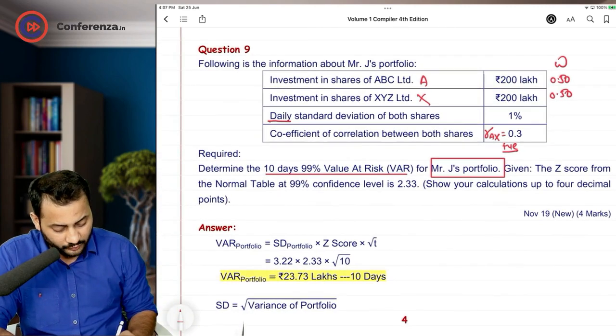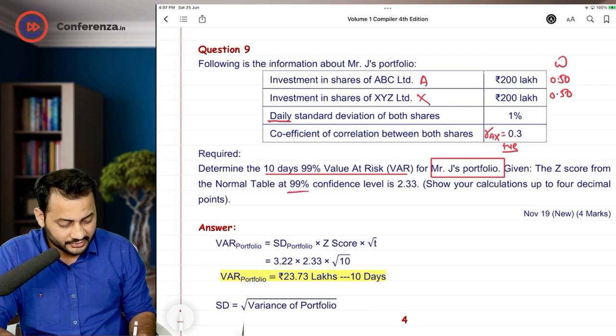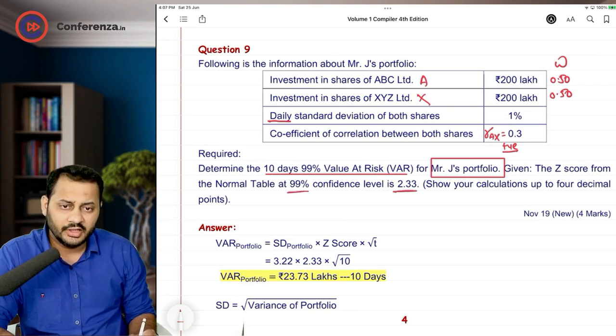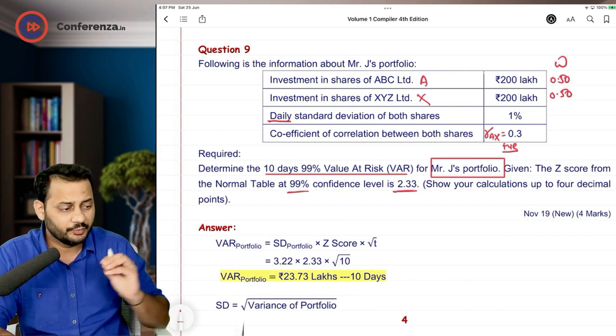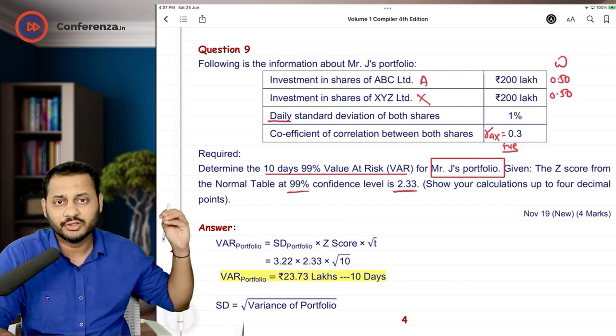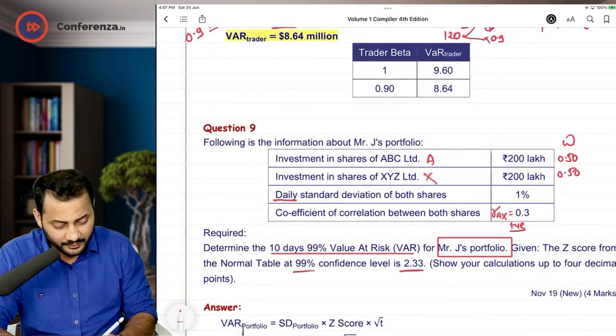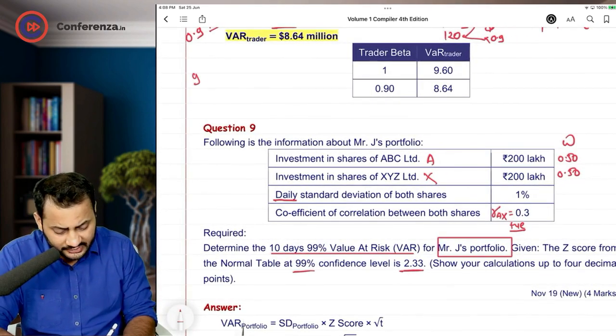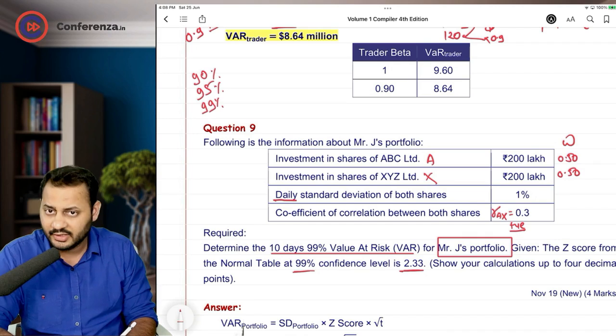The Z score from the normal table for 99% is 2.33. Even if it is not given, it should be in your memory by now or after solving all the questions, because the standard practice is that only 3 numbers are used for the confidence level, which are 90, 95 and 99%.